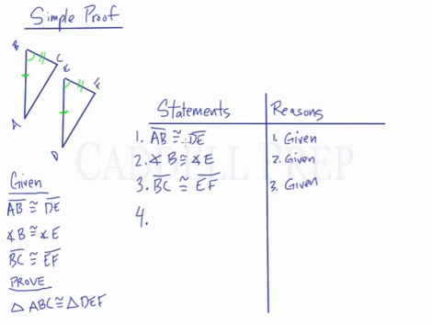So from here we were able to show a side, angle, and side are congruent. So we're able to say that triangle ABC is congruent to triangle DEF, and the reason is side, angle, side.